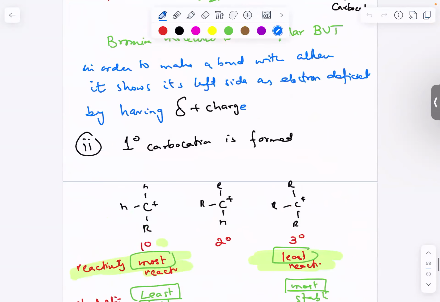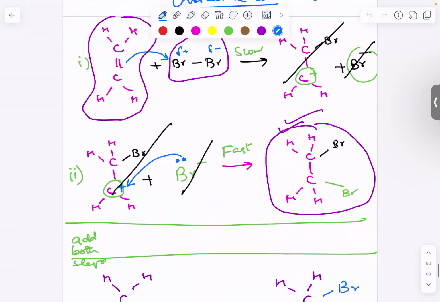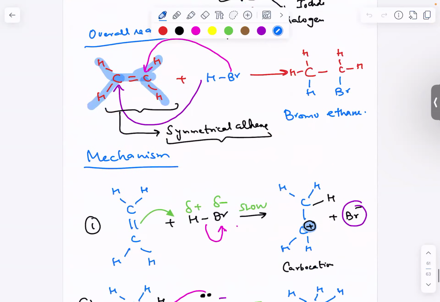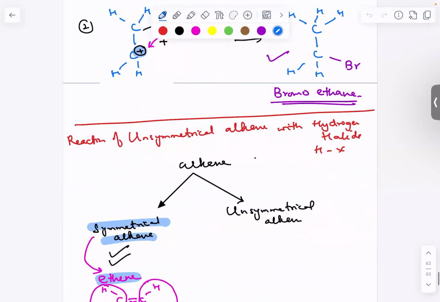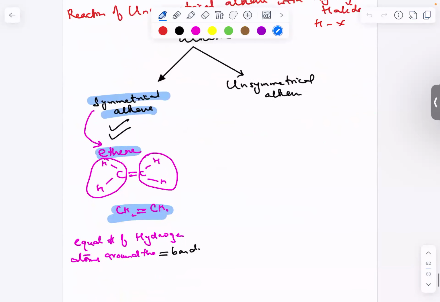With halogenation we are done; we are doing hydrogen halide. Now we need to do it for the unsymmetrical alkene, or in your book it is written asymmetrical alkene, one and the same thing. So you can call it asymmetrical alkene as well.